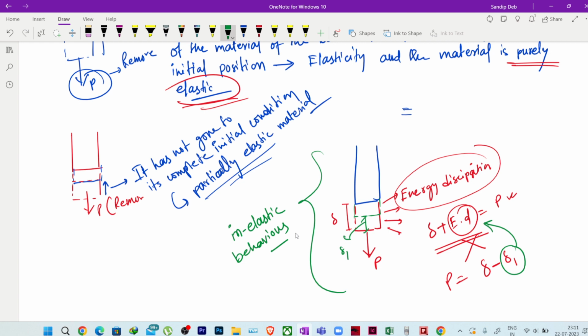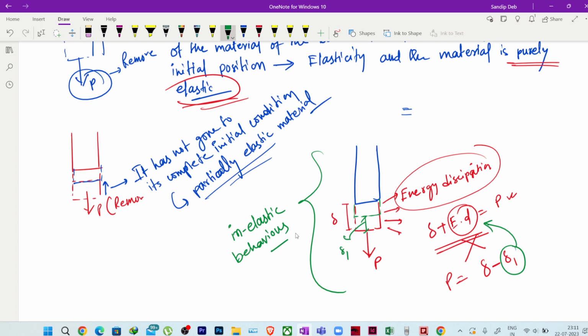Elastic means it regains its actual condition, but here it does not regain its actual or initial position, so it is an inelastic behavior. In completely elastic behavior, there will be no energy dissipation, there will be a change of length, and after unloading it will regain its actual length. Fine. As the energy is dissipated, to balance, some length cannot be achieved.